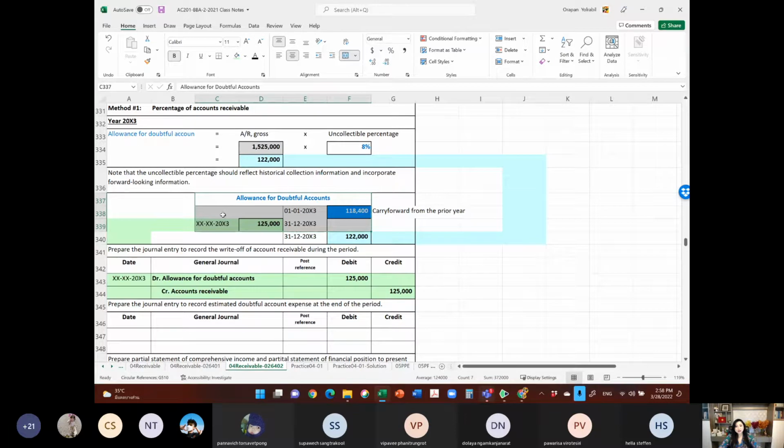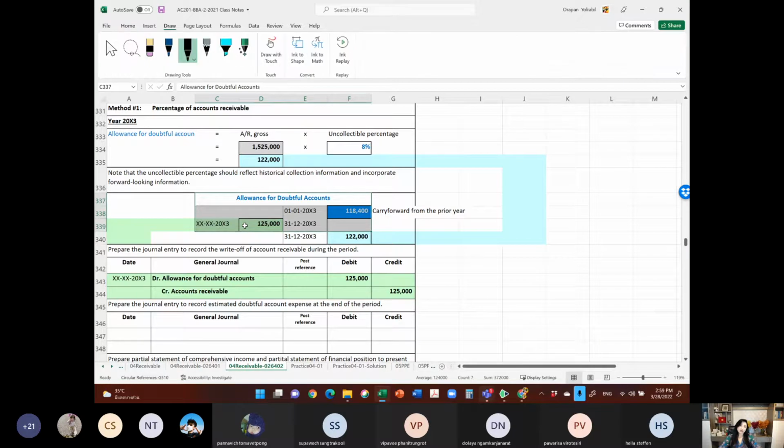So if you do the calculation over here, how much do you have remaining? Remember that originally you started out with 118,400 and then you reduce the balance by 125,000. So this is consistent with the question that you asked earlier: in that case, you're going to have a negative balance in the allowance. Remember that?